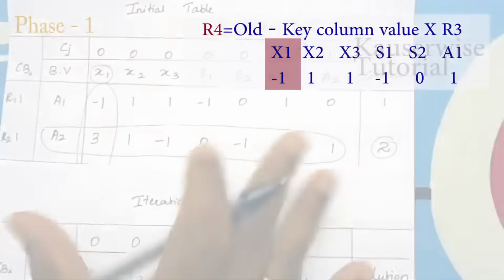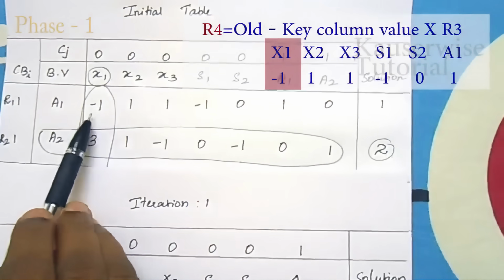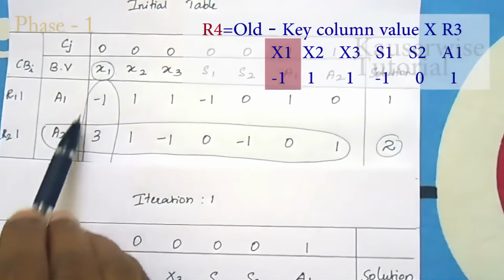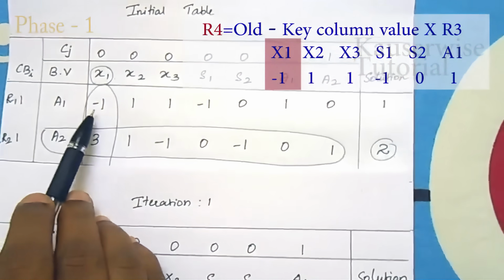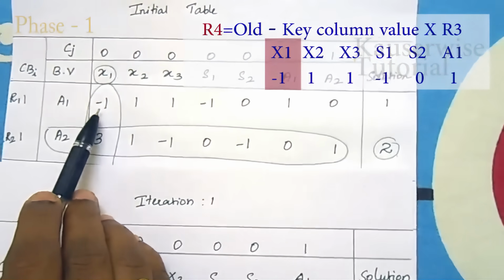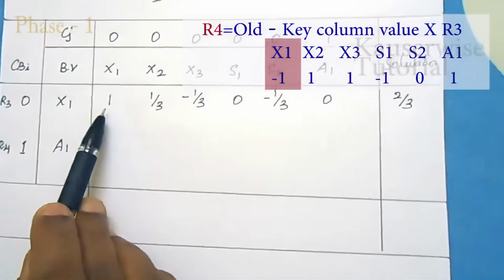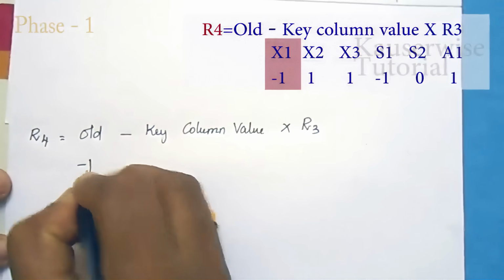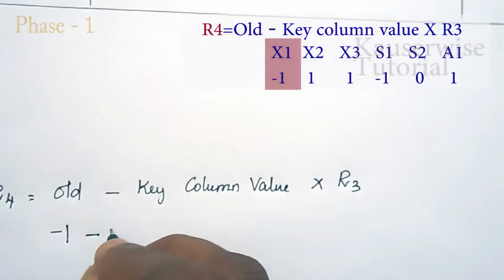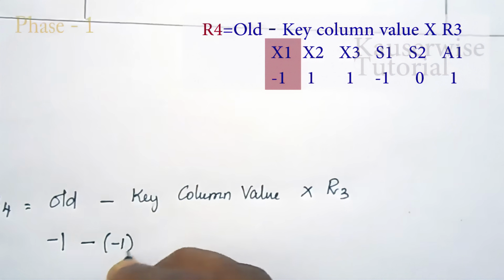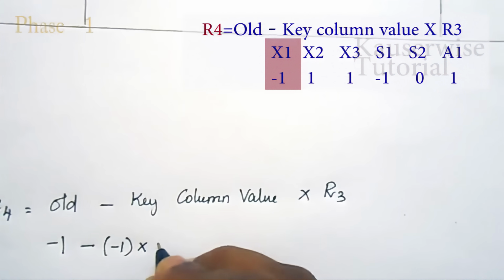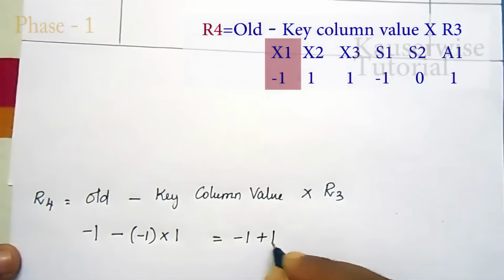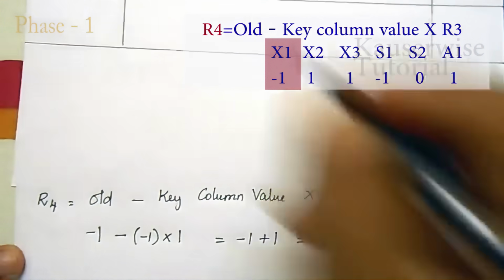Look at the calculation. For row 4, the first one: old value is minus 1, minus key column value. This is the key column, so the key column value is also minus 1, into the row 3 value, which is 1. The answer is minus 1 plus 1 is equal to 0.